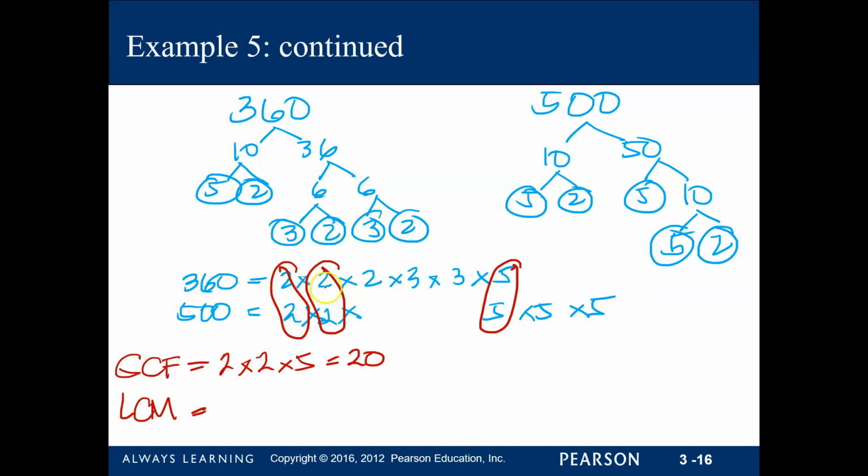So, 2 times 2, which is 4, times 2 is 8, times 3 is 24, 24 times 3 is 72, 72 times 5 is 360, 360 times 25, you will end up with 9,000. Okay, so that is how you can find the GCF and the LCM of any given pair.